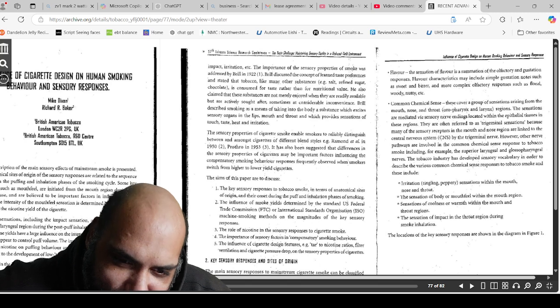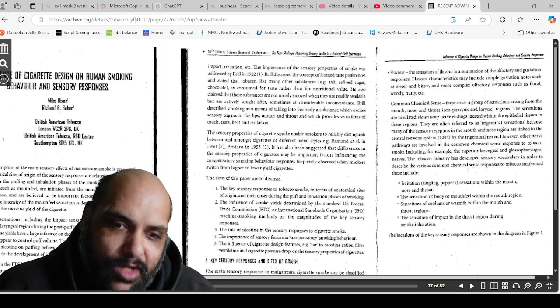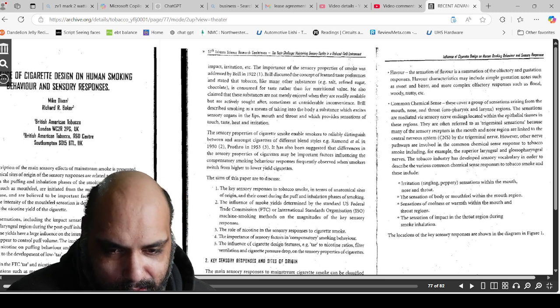The influence of smoking yields determined by the standard U.S. Federal Trade Commission (FTC) or International Standard Organization (ISO) machine smoking methods on the magnitude of the key sensory responses. Number 3. The role of nicotine in the sensory responses to cigarette smoke. Number 4.